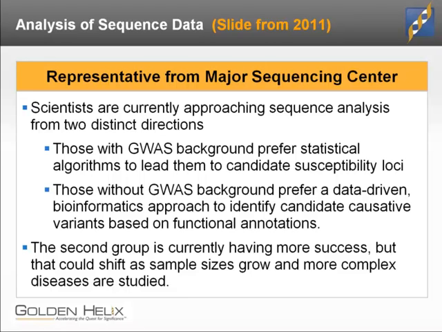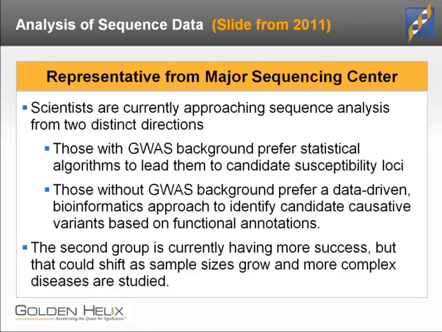Now, I can tell you this was actually somebody from Complete Genomics that I talked to about that same time a few years ago, who had worked with a number of scientists who were just getting started in sequence analysis, and his perspective was that most of them fell into two camps.